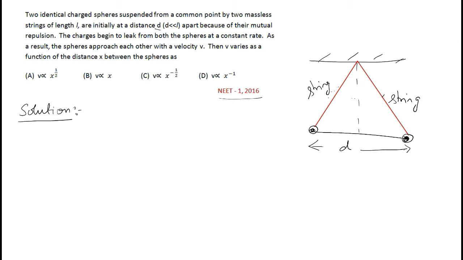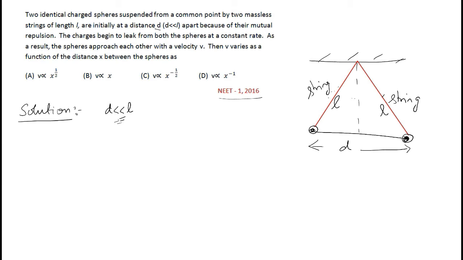As a result of the force of repulsion, they have spread themselves apart to a distance small d. Say L is the length of the string. It's also given d is very much less than L. The diagram is not shown like that, but we are just showing the idea.